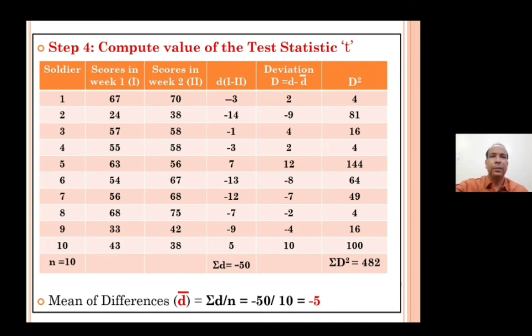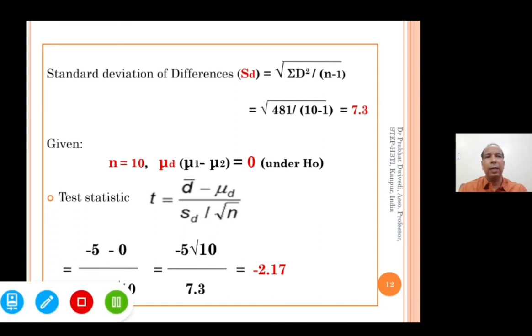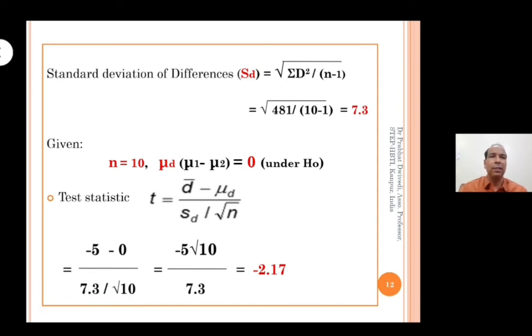Now as the test statistic goes, we calculate further several values of test statistic, that is given over here. Standard deviation of differences, that is SD, is equal to under root sigma D square upon n minus 1. This is in fact standard deviation of differences.